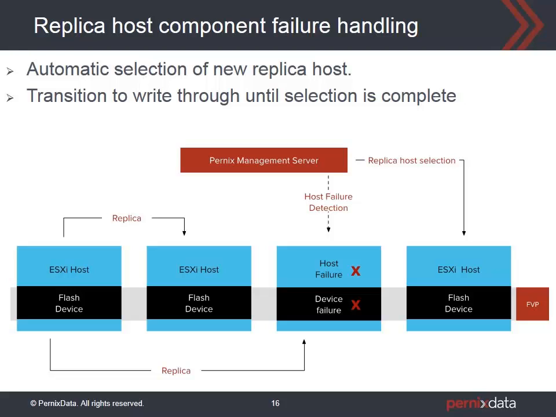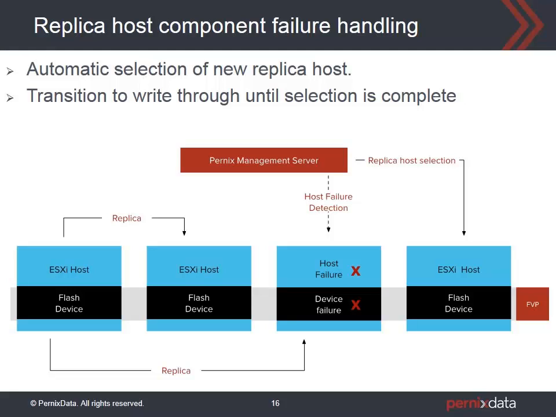And we're going to let Pernix MS solve this by selecting a different replica host that is still functioning perfectly, that is capable of sending the data to the data store. If it finds a different host, it will select that host. And after the selection is complete, we will transition the VMs to write back again, and then we can have the acceleration to its fullest degree.